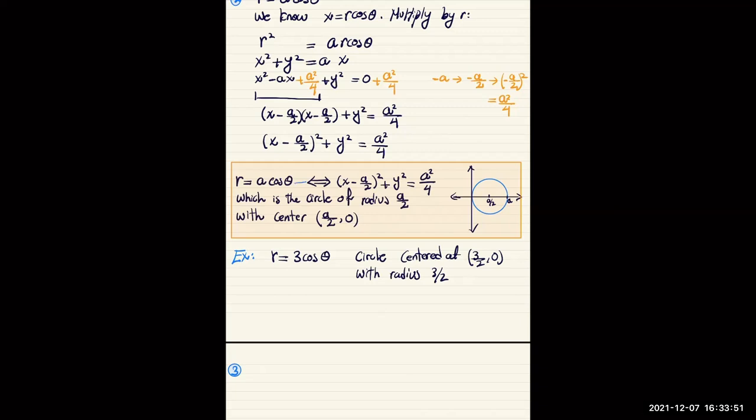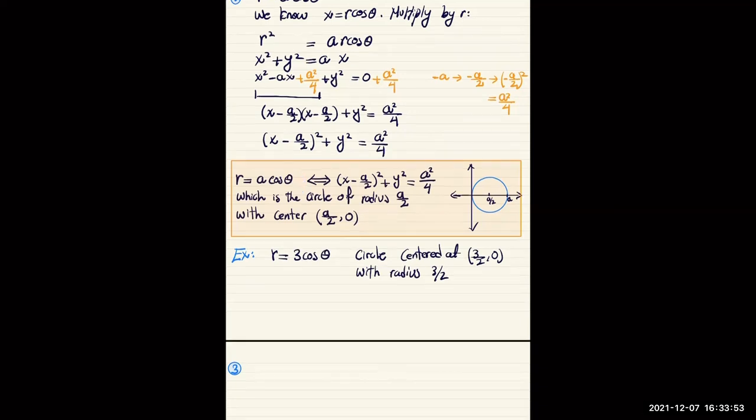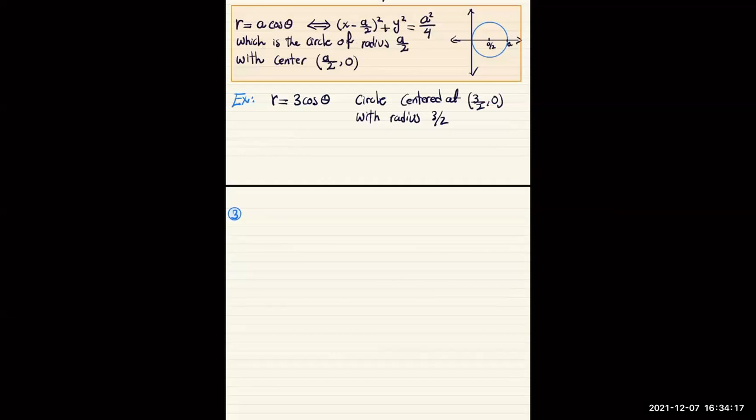If I add a 1 to that, it doesn't move the graph up. It is having an impact on r. r is the distance from the pole to the points on the graph. Imagine if you have y equal to f of x.